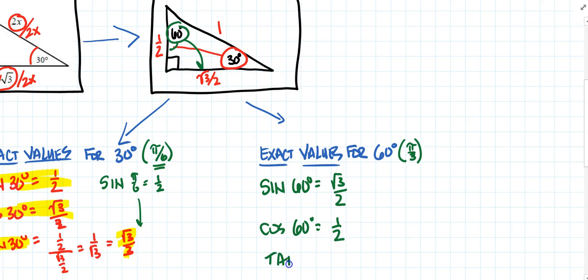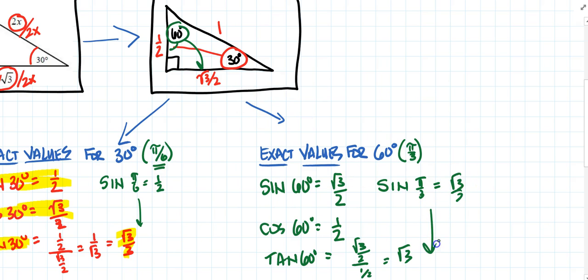And of course, I could ask you for the tangent of 60 degrees, and it would just be rad 3 over 2 divided by 1/2, which would just give me radical 3. Similarly, I could exchange 60 degrees for pi over 3 and ask you for the exact value of the sine of pi over 3, and you could then refer to that picture and tell me it is rad 3 over 2, and we could use this all the way down in radians as well.